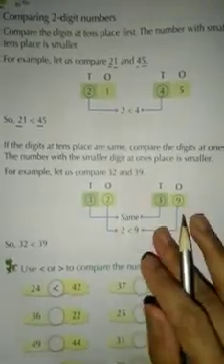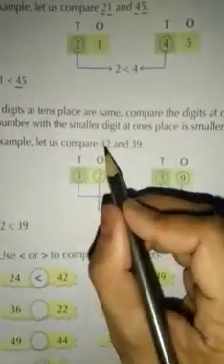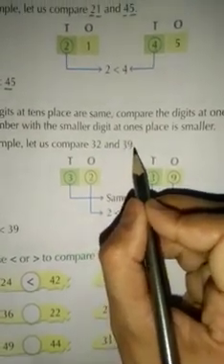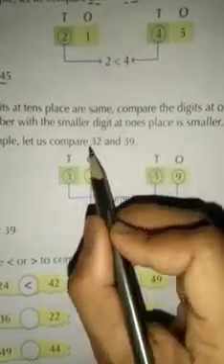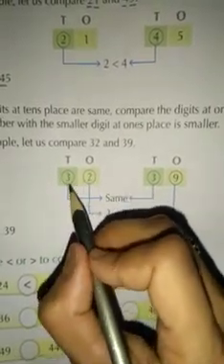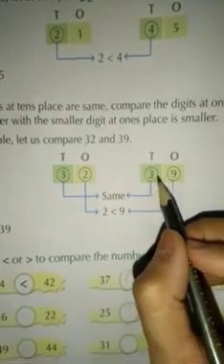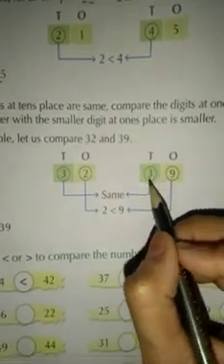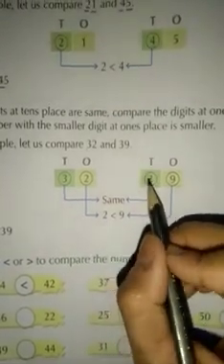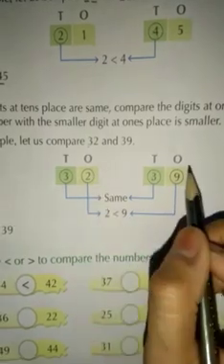Okay. Now see one more example. Here we have 32 and 39. So according to the places, in 32 on the tens place we have 3 and in 39 on the tens place again we have 3. So these two are same, they are equal, no? So here we will compare the numbers on the ones place.